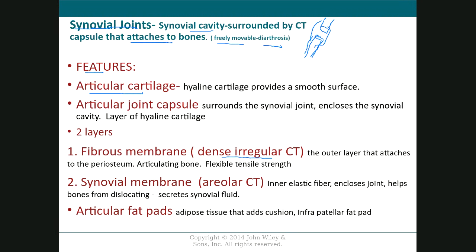The inner layer of this joint capsule has a synovial membrane, and what that does is secretes synovial fluid. The inside is made up of areolar loose connective tissue. And within the joints, there's also articular fat pads that add cushioning to the joints.